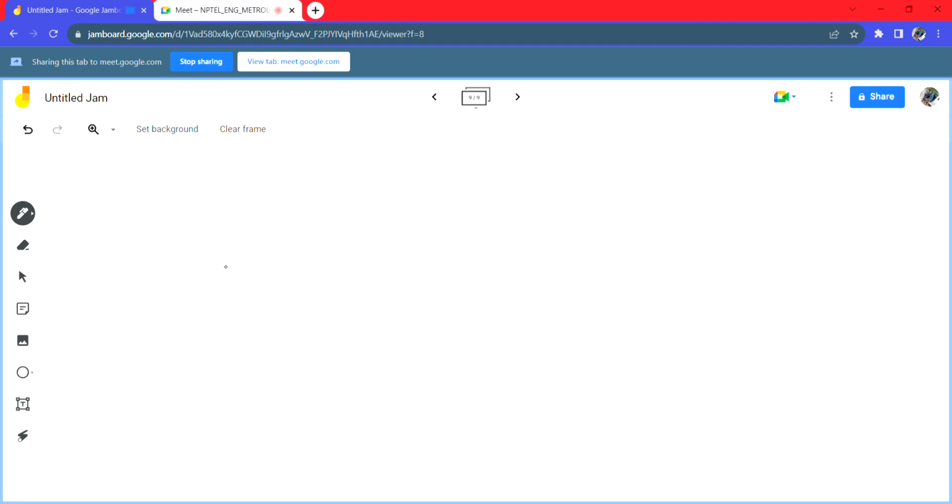Now let us see a few problems on the resolution that we have discussed today. Okay, so say we have a digital thermometer. This digital thermometer is used to measure the temperature of a human body.